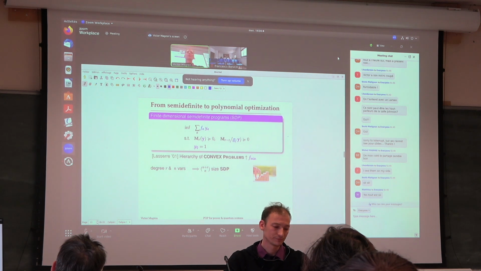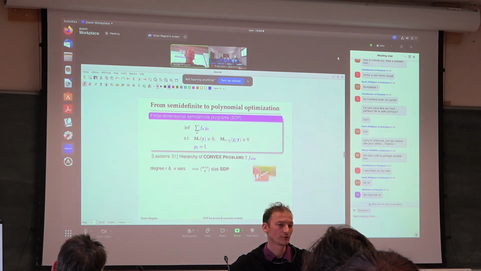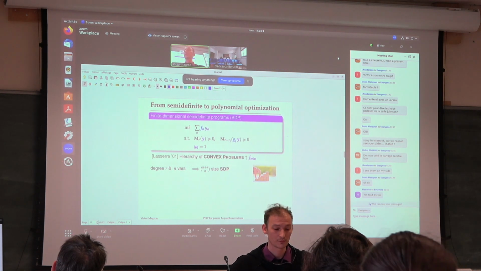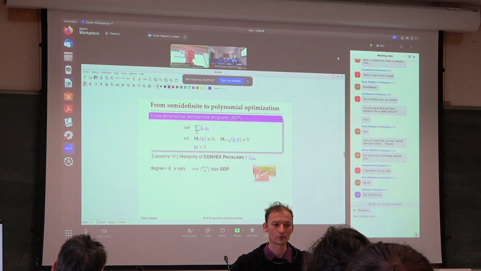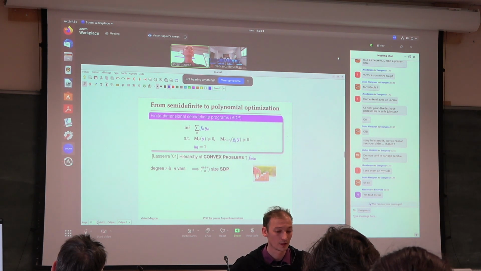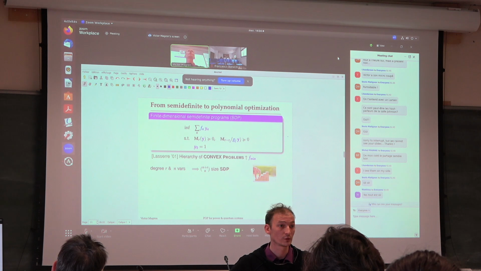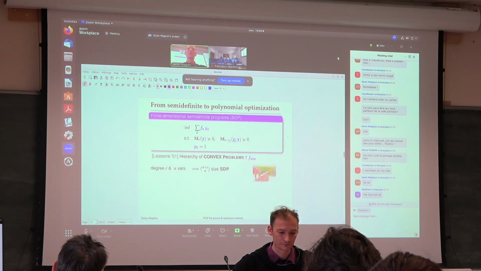Okay, and then the motivation for using sparsity is that this moment matrix that I displayed earlier grows quite quickly when the number of variables and the degree of the polynomials increase. So that's why we try to exploit sparsity to fight against this problem.